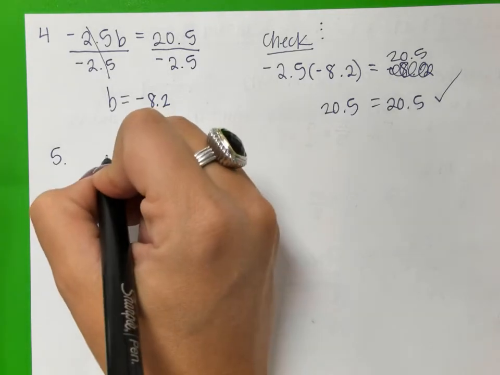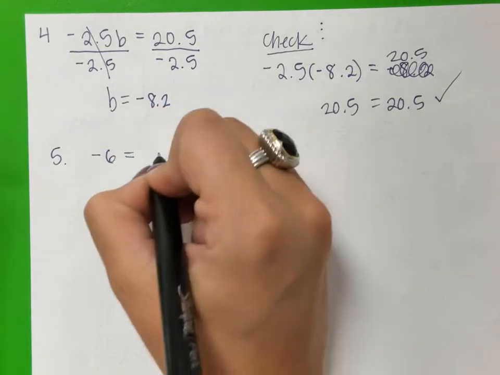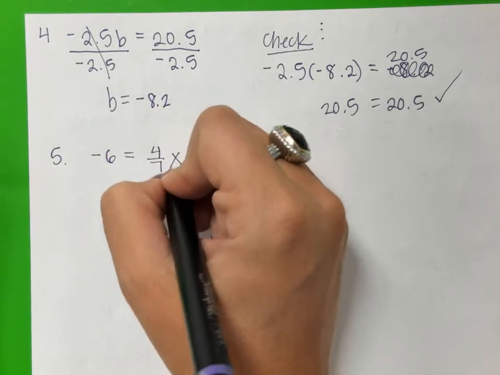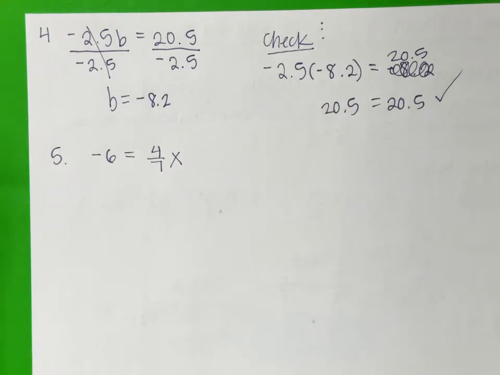Alright, number 5. I've got negative 6 is equal to 4 over 7x. I want to solve for x. So how do I solve for x? Carla?